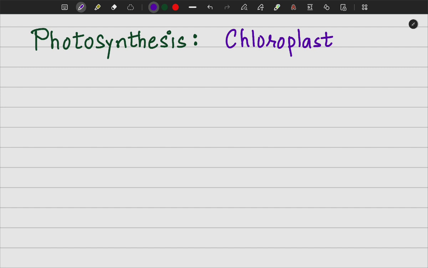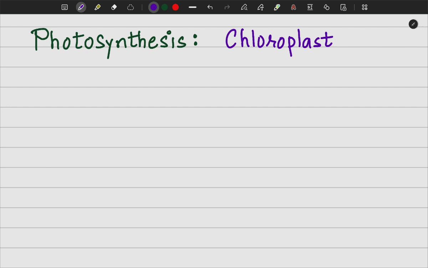They utilize sunlight, carbon dioxide, and produce organic compounds, which are basically sugar, and oxygen is a byproduct of photosynthesis, right? And since these green plants prepare their own food, they are also called autotrophs, and most of the heterotrophs depend on plants for their food.